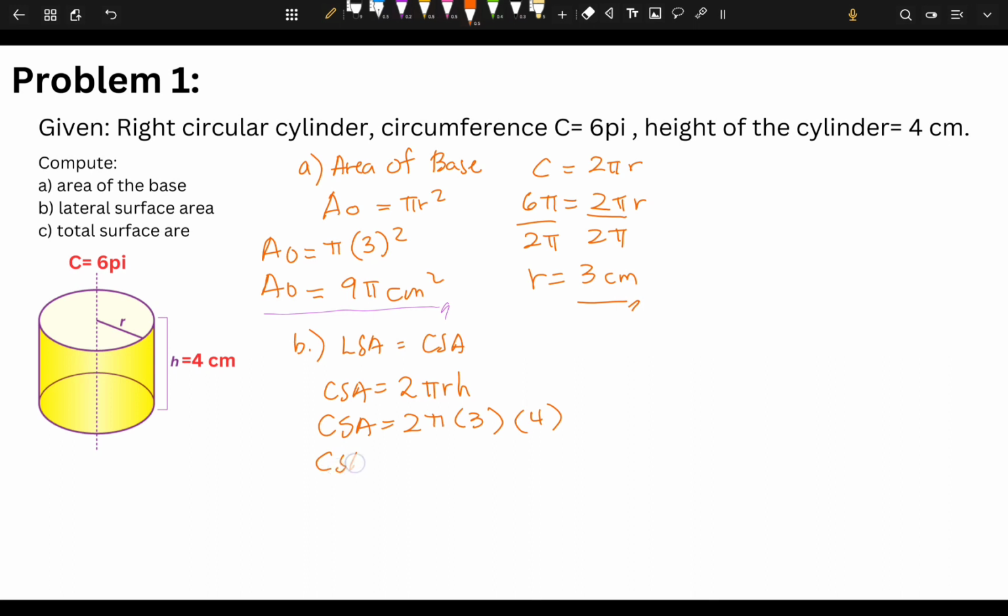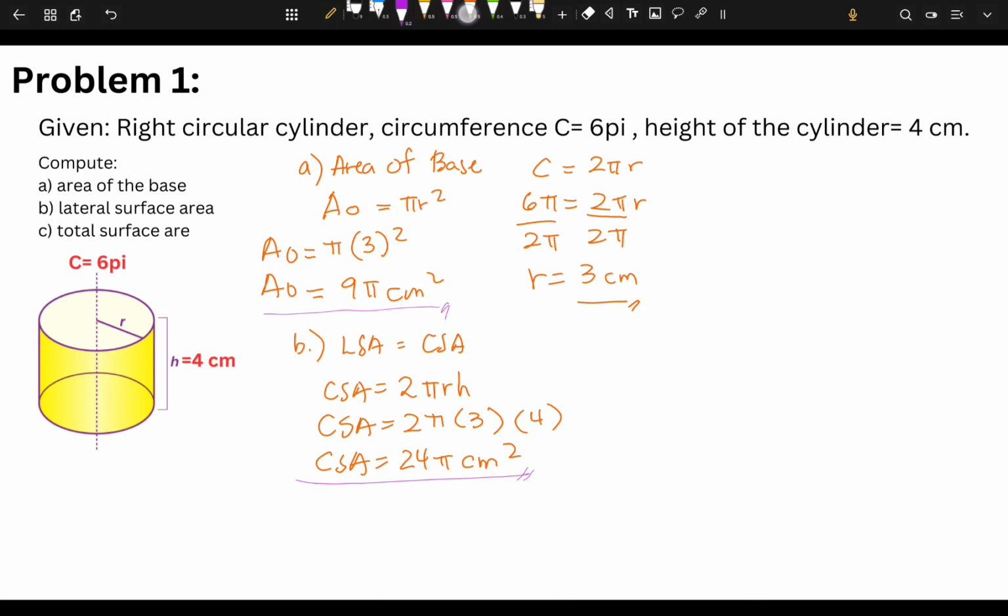So CSA natin will be equivalent to, so 2 times 3, that is 6 times 4, 24. So we have 24 pi cm squared. So nasa inyo kung gusto nyo naka-pi or in terms ng decimal. So pwede nyo naman gawin yun. So ayan yung ating CSA.